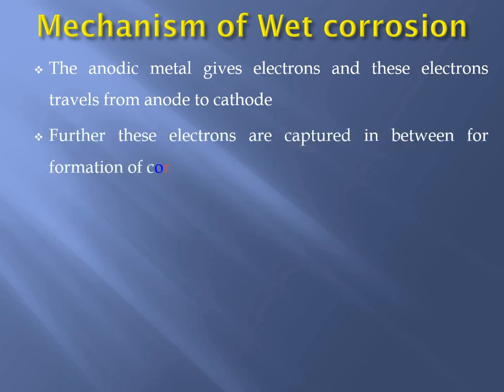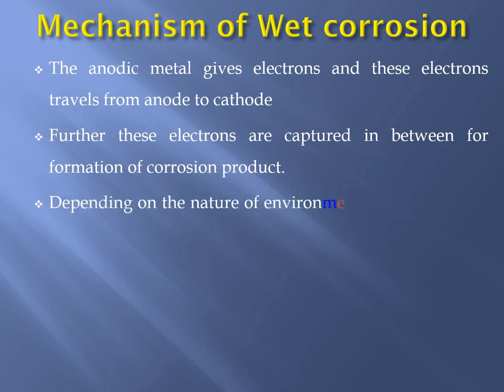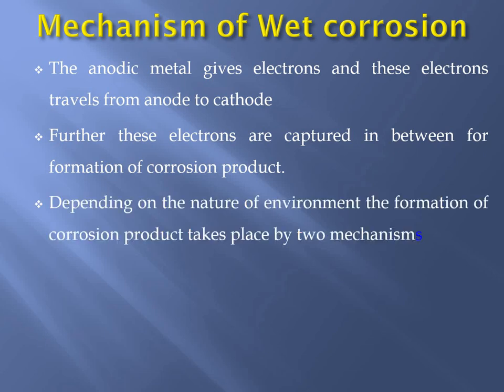Further, these electrons are captured in between for the formation of corrosion product. So here the wet corrosion does not affect the cathodic part. The electrons from the cathodic part will be taken away for the formation of corrosion product. And depending on the nature of environment, the formation of corrosion product takes place by two mechanisms.